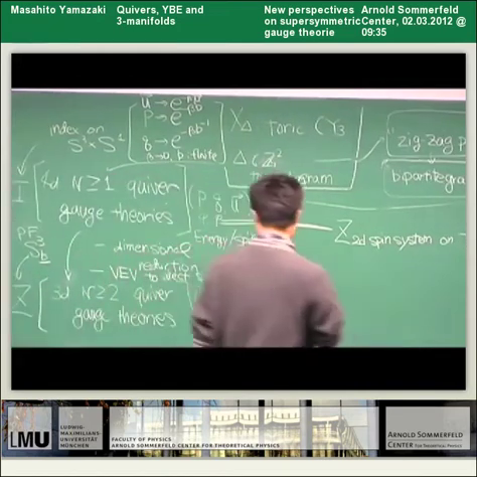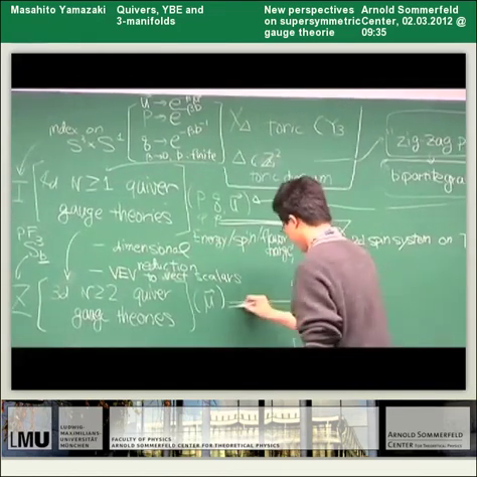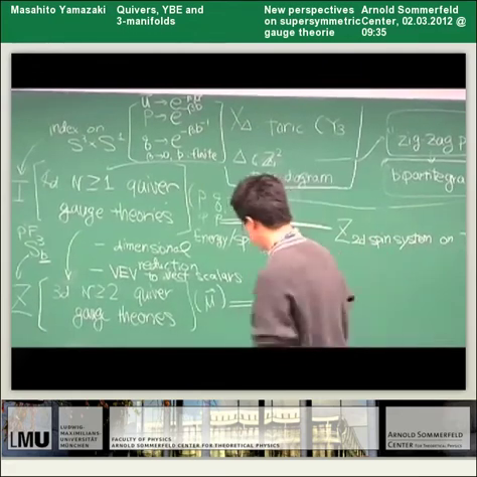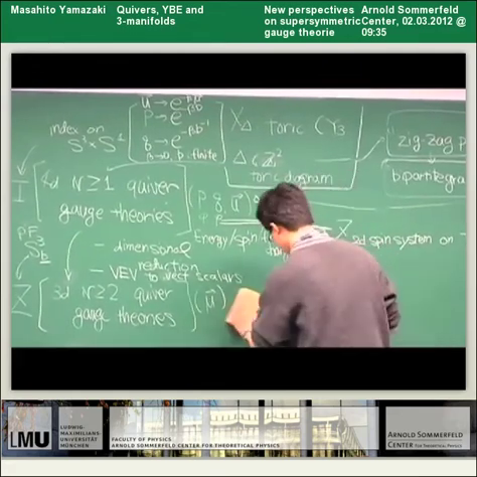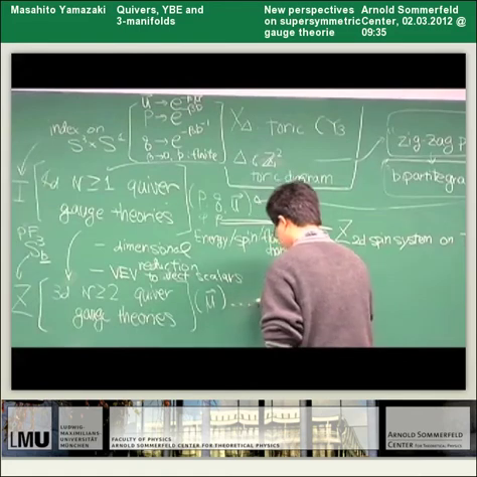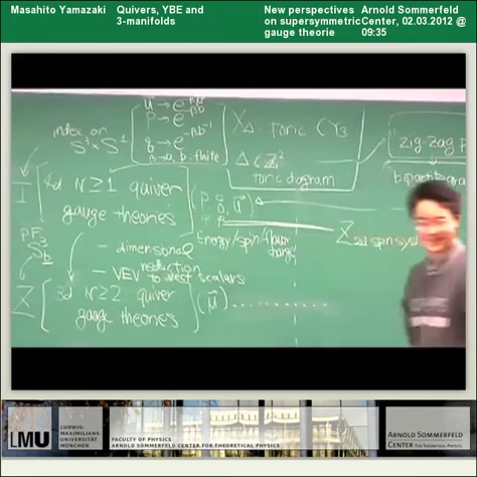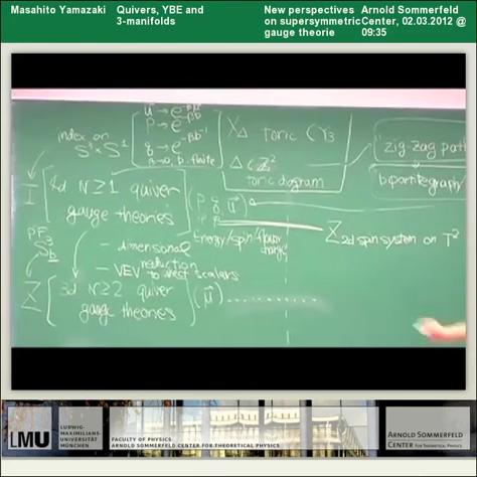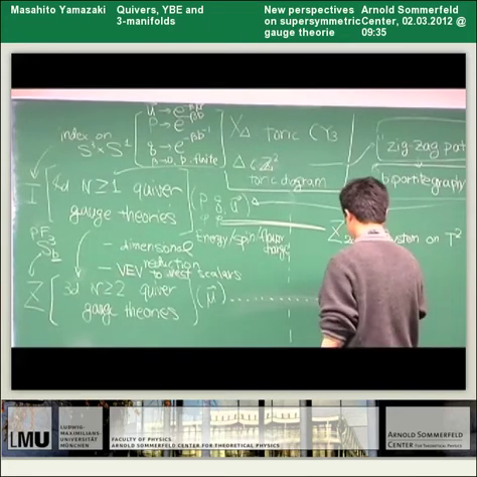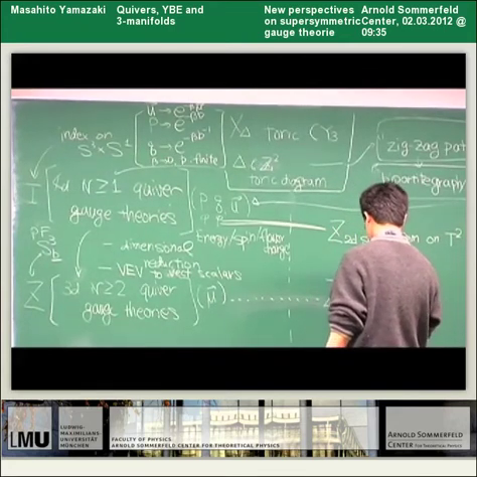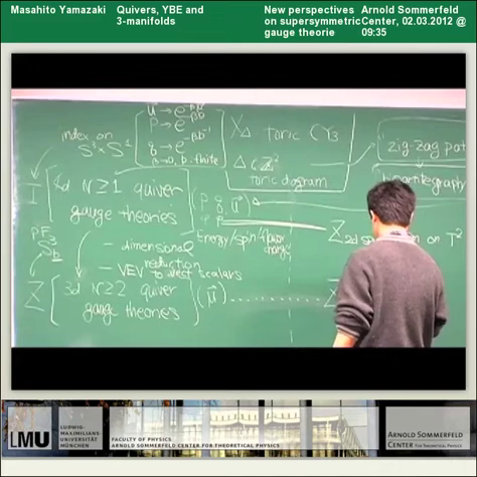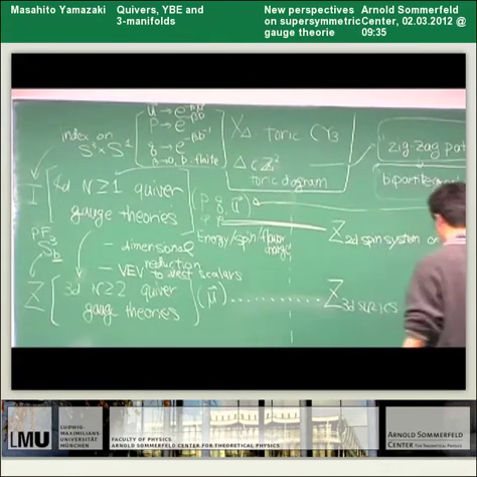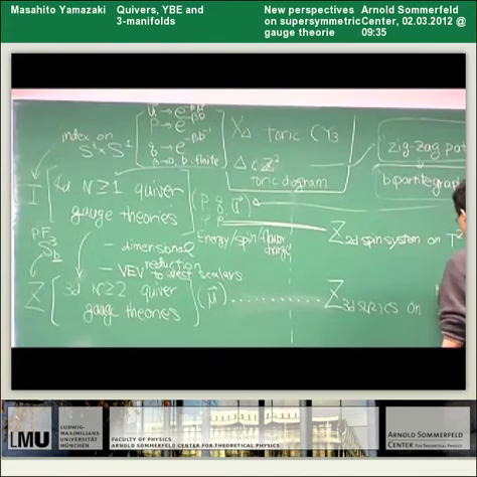And then the second statement is that this is the same. Well, this part is not very well established, so I would like to put a dot. So this is probably related to the partition function of three-dimensional SL(2) Chern-Simons theory on a certain 3-manifold.